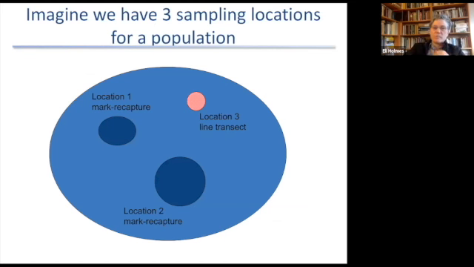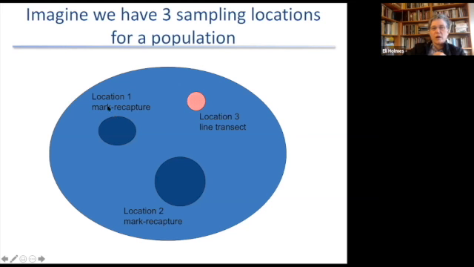Another really common example occurs when we are sampling populations. And so let's say that the big blue here is a cartoon for our larger population. And we're going to go out in this larger population, and we are going to do 3 different studies to try to understand what the population is doing over time, whether it's increasing or decreasing over time, and how it's varying from year to year.